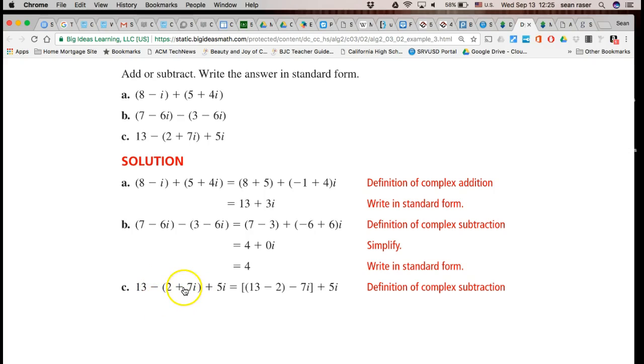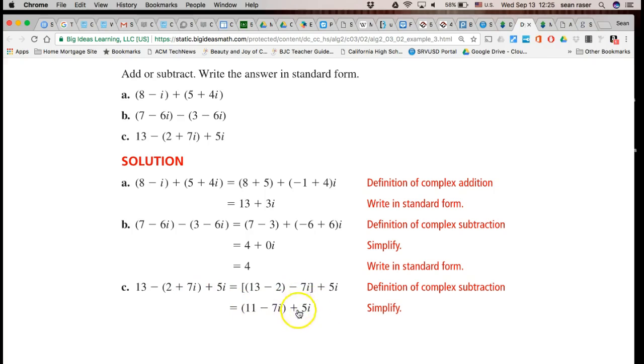The minus gets distributed. So we have 13 minus 2 minus 7i, which is 11 minus 7i. All we did right here is the 13 minus 2 and then the minus gets distributed to 7i.